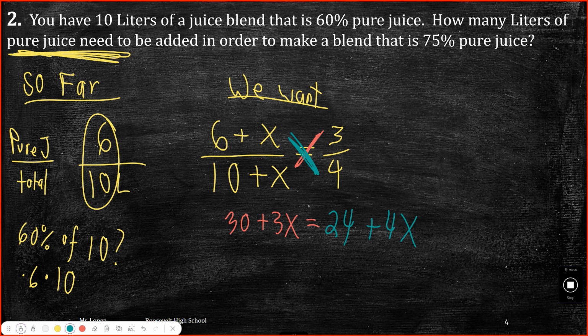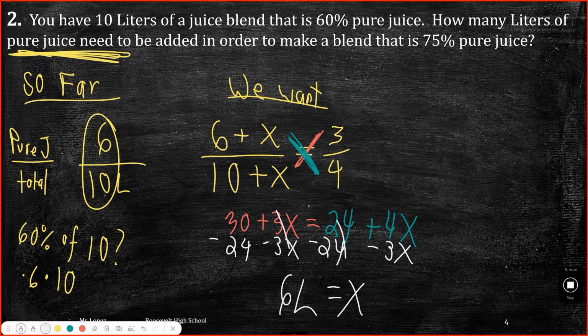What's the next step? Come on, anybody? Minus 3x. Minus 3x. I'm going to minus 24. Minus 24. Cancel, cancel. This is x. x equals what? 6 liters.